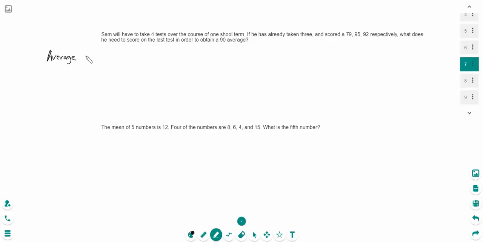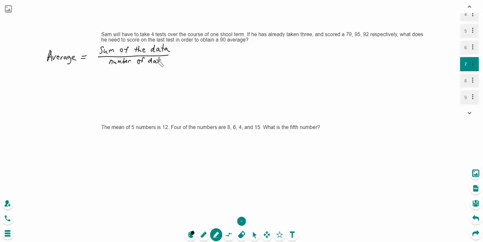And I'll just put it here. The average is equal to the sum of all the data divided by the number of data.